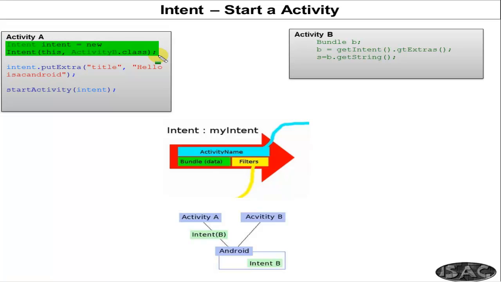I first create an intent, and once I create this intent inside activity A, I put a name here, which is the name of the activity B which I want to send to.